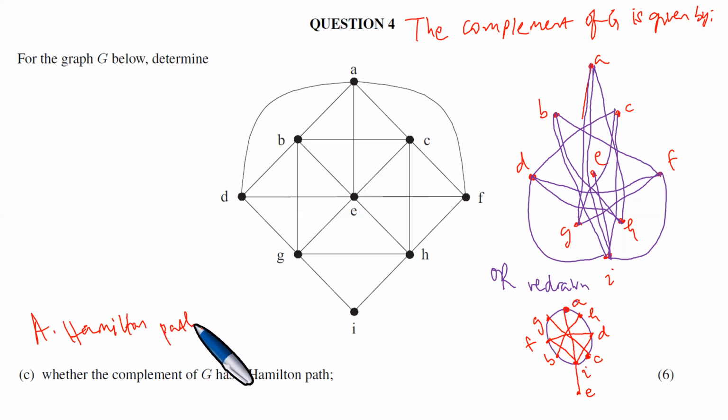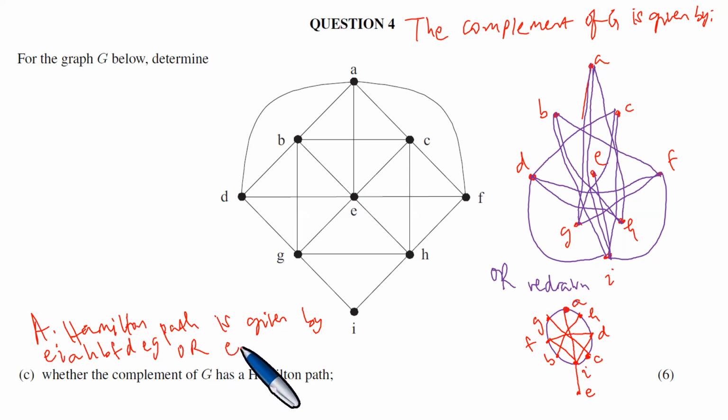So we know, therefore, that a Hamilton path is given by, okay, what? It's not a circuit, the path, since the initial and the final points do not coincide.